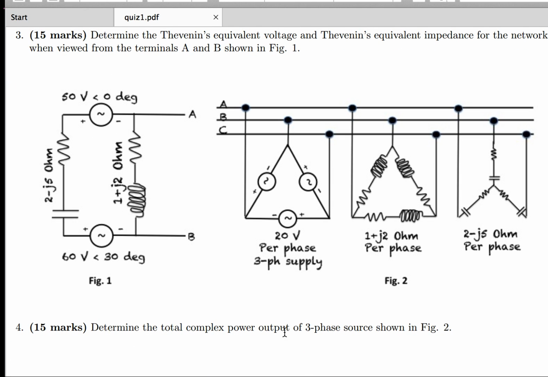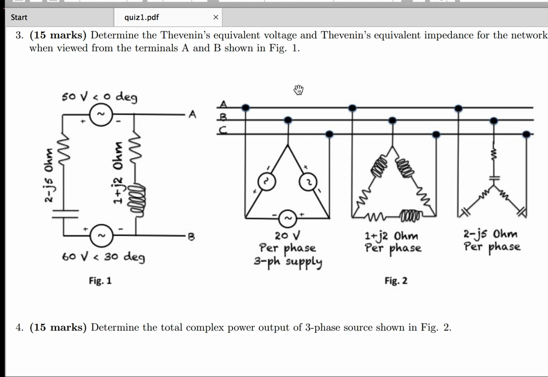Determine the total complex power output of the three-phase source shown in the figure. So you see there's a three-phase three-wire system, supplied by a 20 volt per phase three-phase supply. So basically I can directly see here line voltage is 20 volts because this is delta connected. Next I have a delta connected load and I have a star connected load.